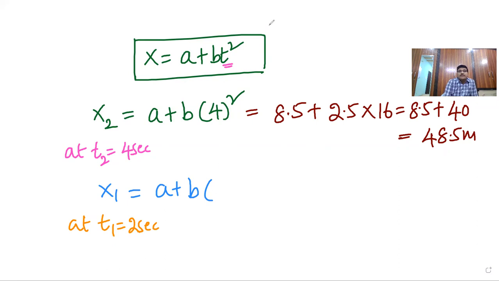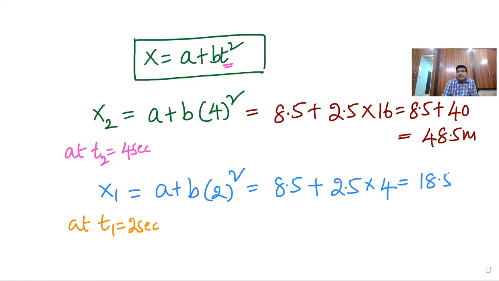If I substitute 2 in place of time, 2 square, so a is 8.5 plus b 2.5 into 4. This becomes 8.5 plus 10, which is 18.5 meters.